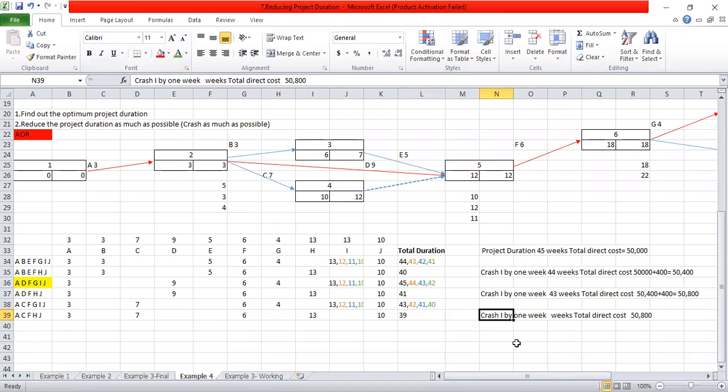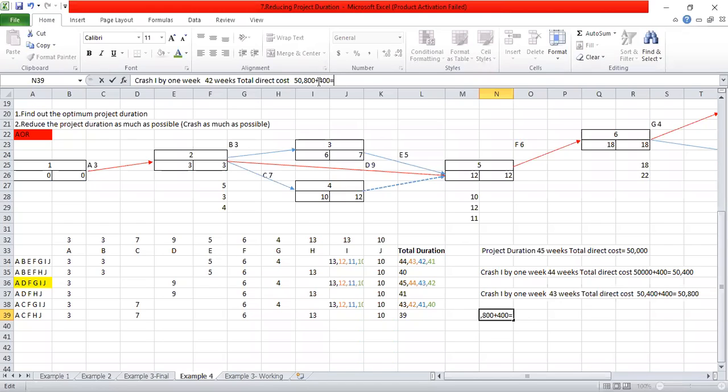So crash I by 1 week. After crashing I by 1 week, what is the critical path? Again, 42 is the critical path. 41, 40, 42, 41, 40, 39. So we are having 42 weeks, and the total direct cost for this is 50,800, you have to add 400.